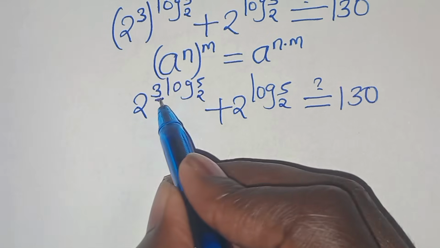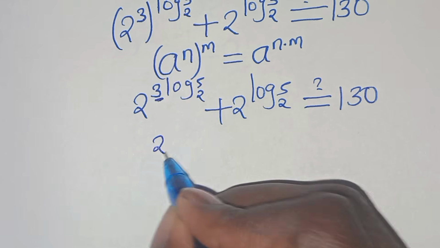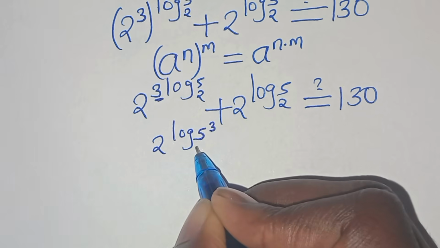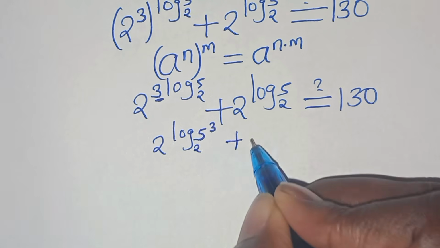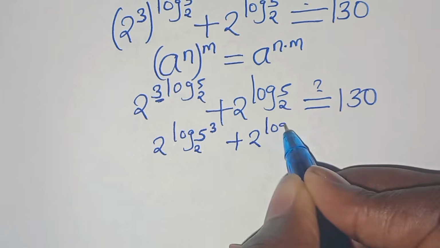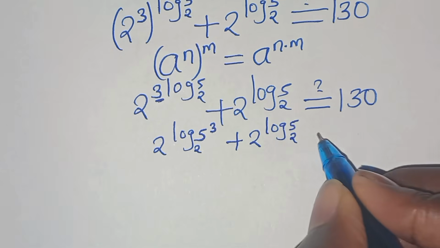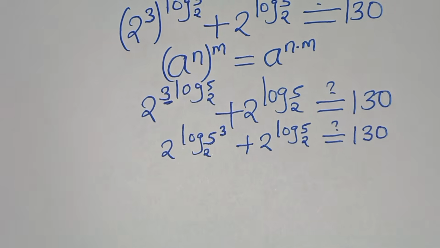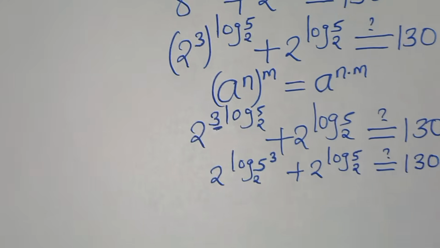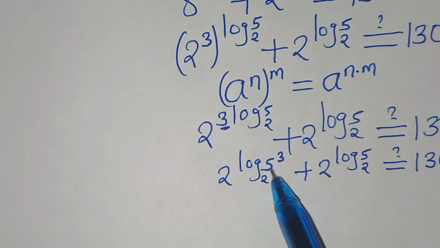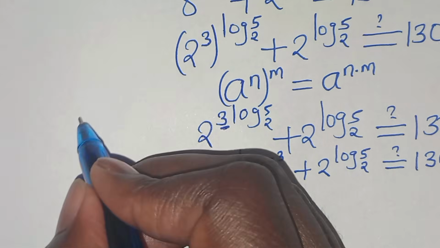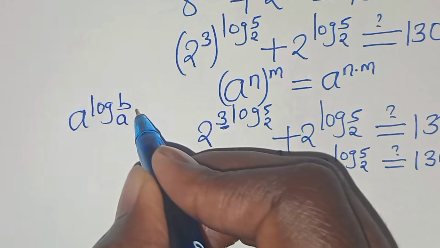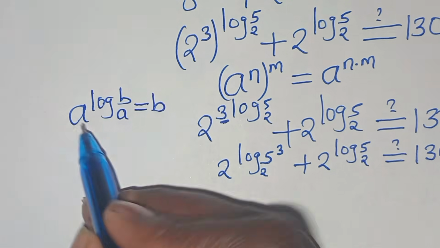So since this is a power, we can express this as 2 to the power of log 5 to the power of 3, then to base 2, then plus 2 to the power of log 5 to base 2. This should give us a value of 130. Now, we have that 2 to the power of log 5 to the power of 3 to base 2. This is in the form of a to the power of log b to base a, and this is supposed to give us a value of b.